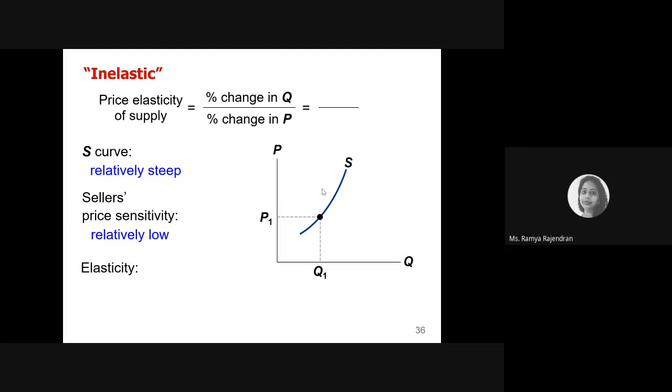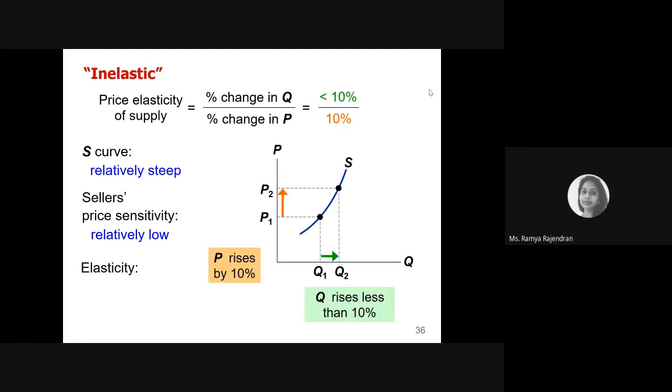Next one is inelastic. Here you see the curve is a little steeper. What happens here? The price increased by 10%, but the quantity is increasing by less than 10%. So the elasticity becomes less than 1, because you have less than 10%, so it can be 8%. 8% divided by 10% is always less than 1.